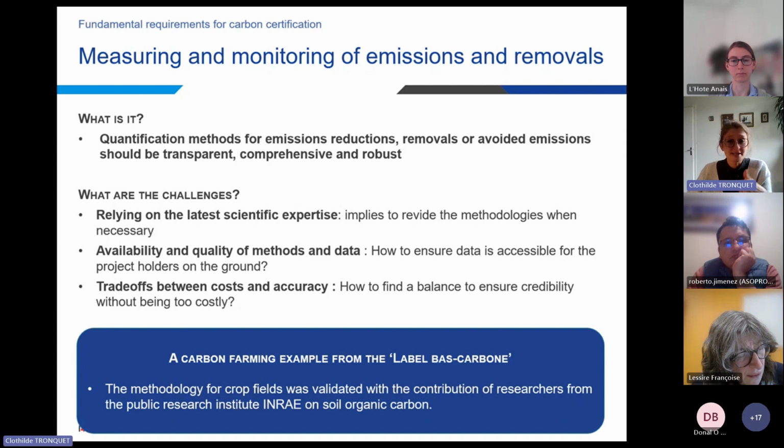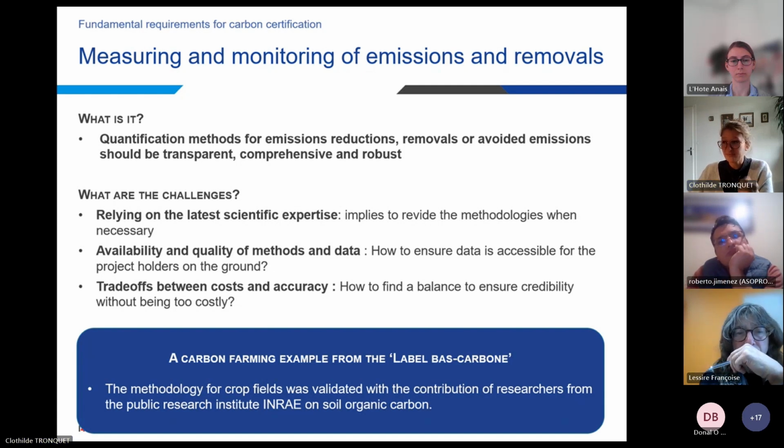And this is not always easy because it means that you always have to revise your methodology with the science that is coming. Then another issue with these quantification methods is that you need to make sure that you have available and qualitative data, and that these data are also available for the project holders on the ground.